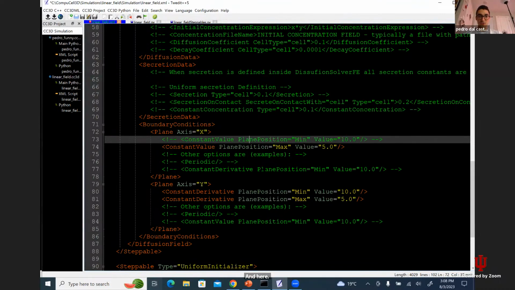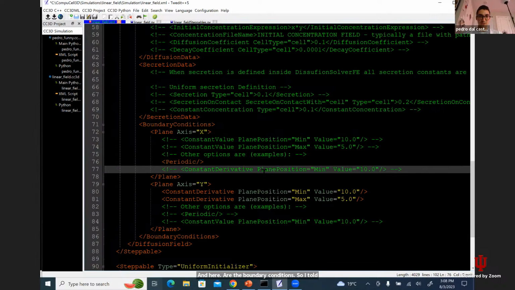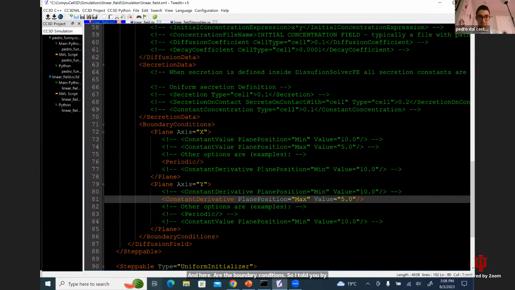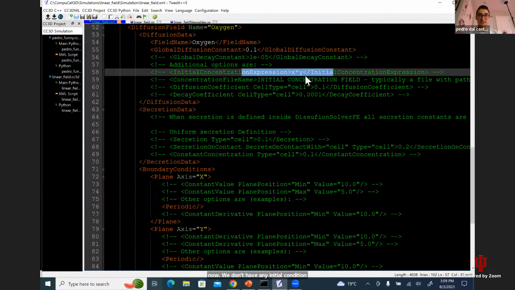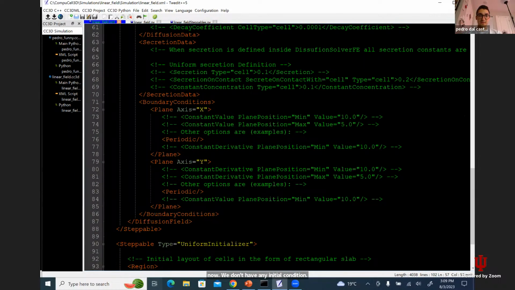So I told you by default, you set periodic. Now we don't have any initial condition, so our initial condition is commented. With periodic boundary conditions, the result will be 0 field everywhere. All right.